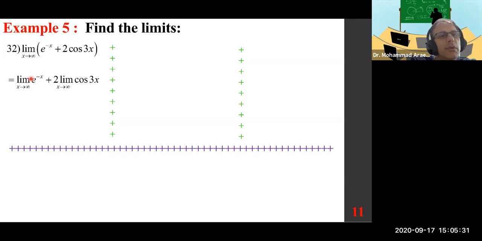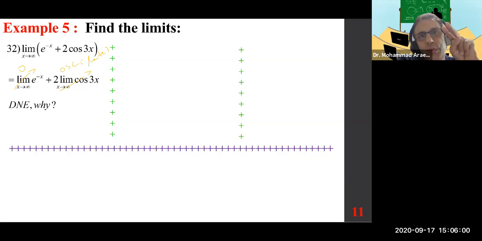It's not a problem. But in general, sine or cosine, it doesn't matter, cosine of x or cosine of 3x or 10x, when x goes to infinity, it oscillates. So this piece goes to 0, but this oscillates and doesn't exist. Therefore, the answer is does not exist.